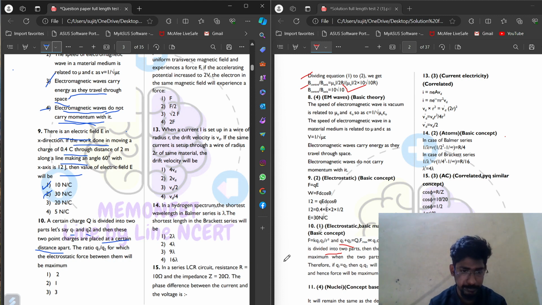If Q1 equals Q2, the force will be maximum.